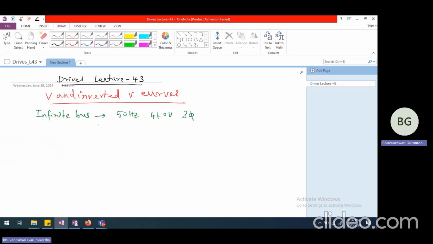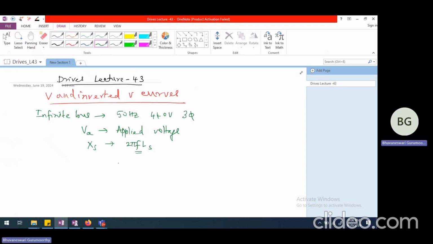So when we are connecting a synchronous motor drive to an infinite bus, the applied voltage V, if I may call this V armature, which is the applied voltage, will not change. And the synchronous reactance of the synchronous motor drive, which is XS, which is actually 2 pi F Ls, where synchronous inductance is Ls, will also not change because frequency is a constant.